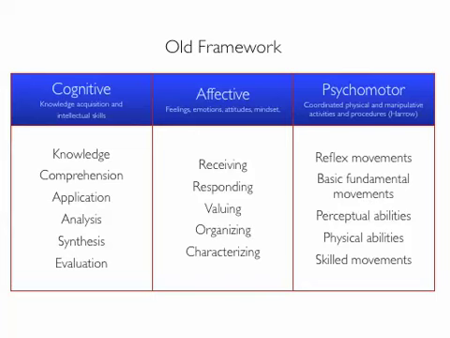The affective domain dealt with feelings, emotions, attitudes, and mindset, and was broken down into 5 categories, beginning with receiving and moving up to responding, valuing, organizing, and characterizing. The psychomotor domain deals with coordinated physical and manipulative activities and procedures, and this particular taxonomy begins with reflex movements, moves up to basic fundamental movements, then into perceptual abilities, physical abilities, and skilled movements.